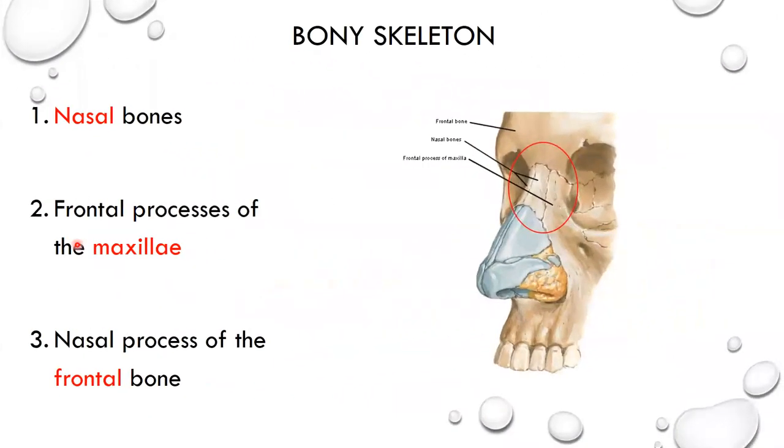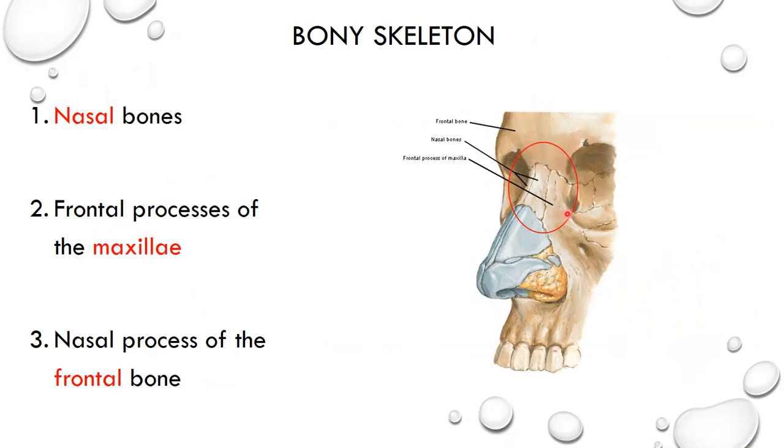What are the components of the bony skeleton of the external nose? They are made of three types of bones, which are the nasal bone, frontal bone, and the maxilla. So the nasal bone, a pair of nasal bones, and the frontal process of maxilla, and the nasal process of frontal bone.